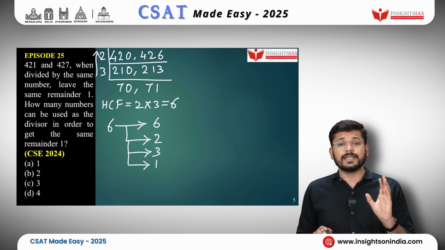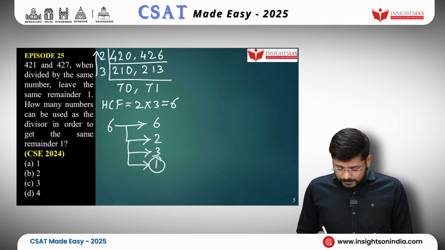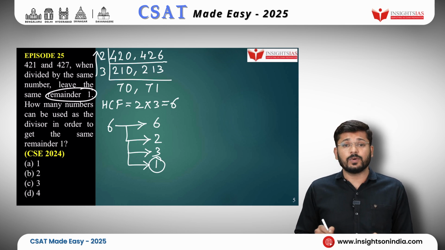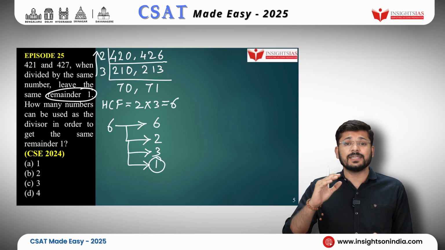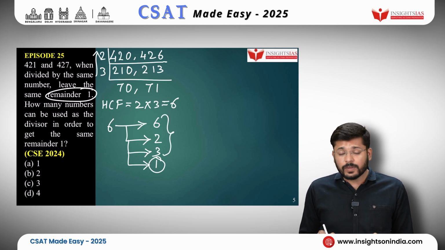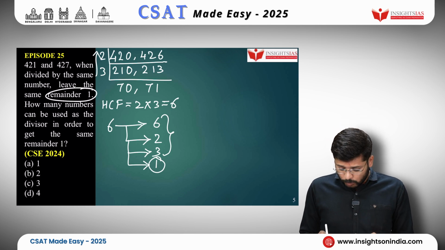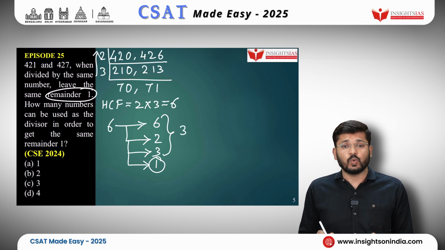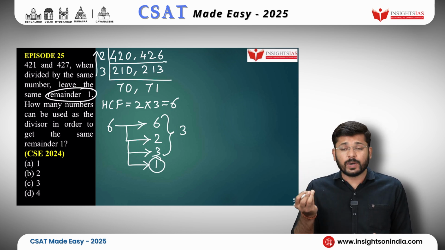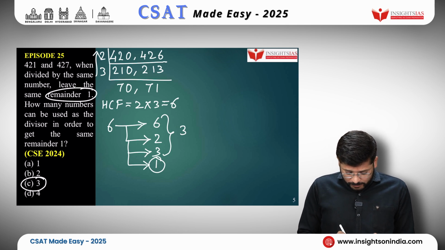So 6 totally has 4 factors. However, 1 is not greater than the given remainder 1. It is actually equal, but we want a factor which is greater than the given remainder. So how many such factors does 6 have? That would be 6, 2 and 3. So how many numbers are there which will divide 421 and 427, leaving a remainder of 1? The answer would be 3.